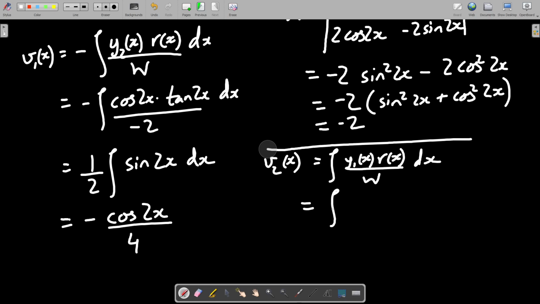So y1 is sin 2x, and this is tan 2x upon minus 2. Now we'll have some trouble here, because this will become sin 2x into tan 2x, right?